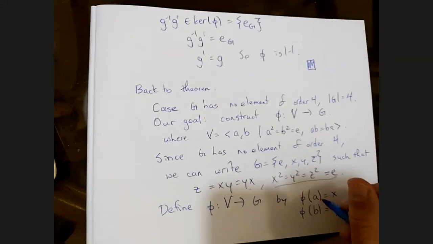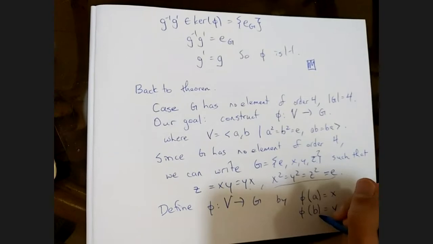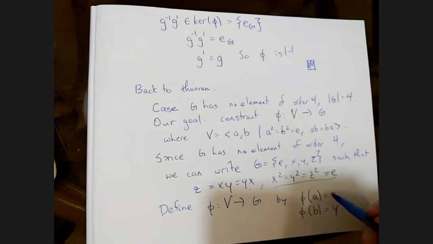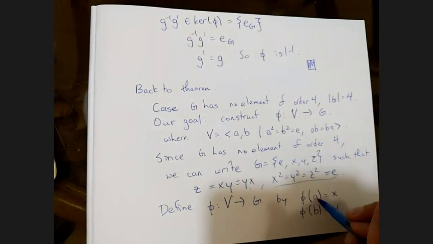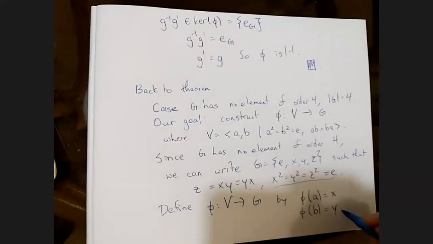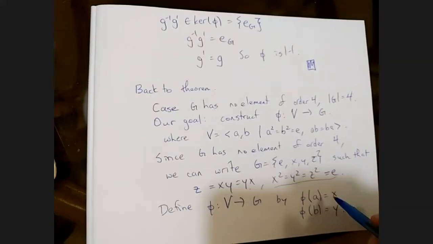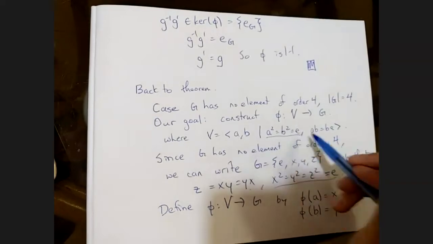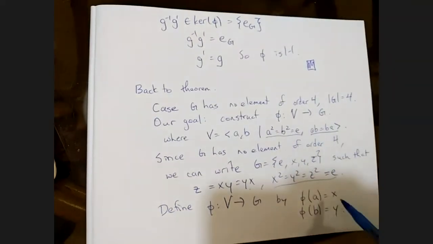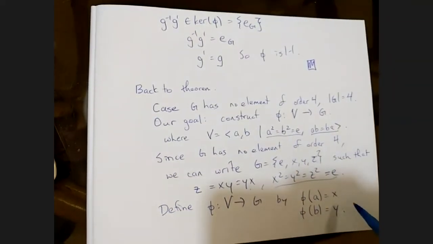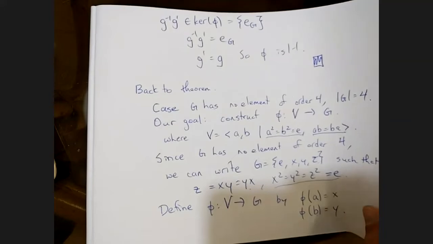Now, because A and B generate V, that's all I need to tell you: phi is a homomorphism satisfying these 2 things. Then I need to check that all the equations of all the relations of V are satisfied when I plug in these 2 values.